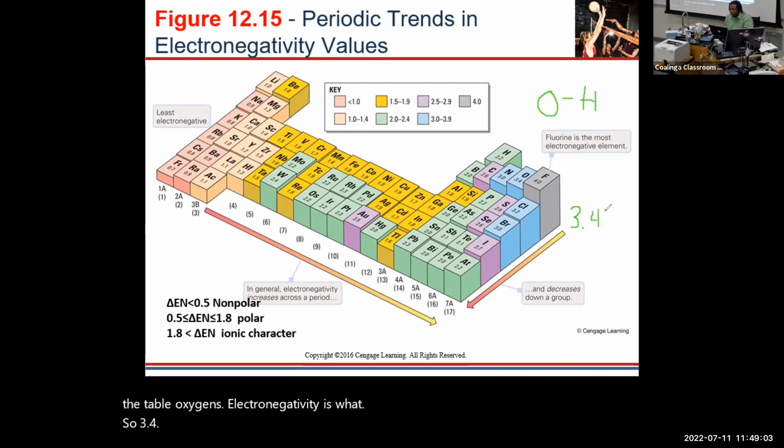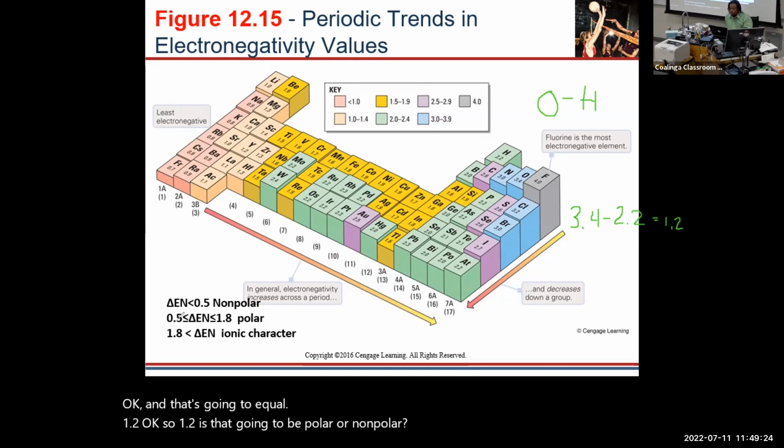And then you subtract hydrogen, 2.2. Okay, and that's going to equal 1.2. So is 1.2 going to be polar or non-polar? It's going to be polar. It's going to fall between 0.5 and 1.8. Okay, see how that works?